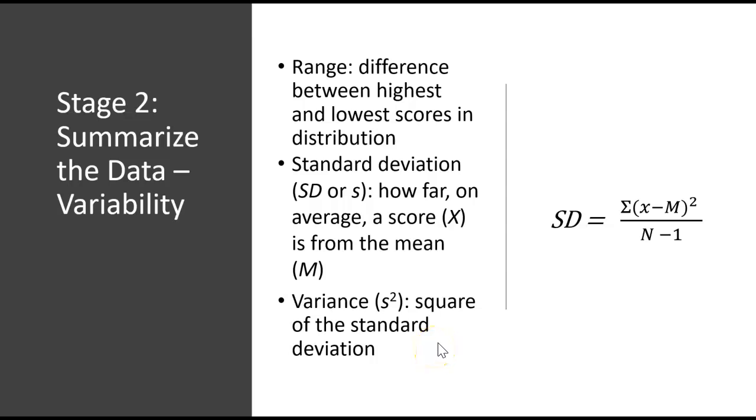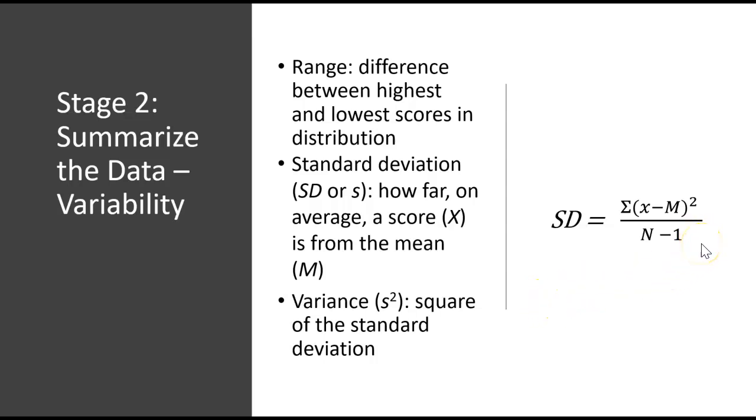In psychology, if we're going to report a mean, we almost always report the standard deviation with it. You may have noticed in your Pallant homework how whenever Pallant is reporting a test statistic, she also reports the mean and standard deviation for the variables that are involved in that analysis.